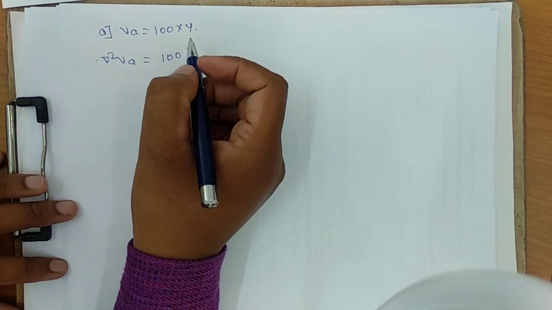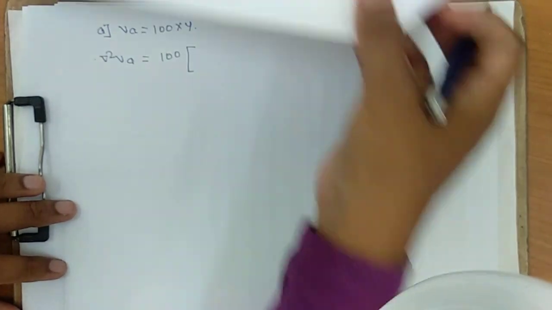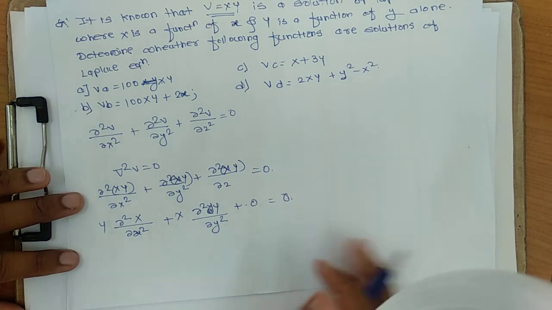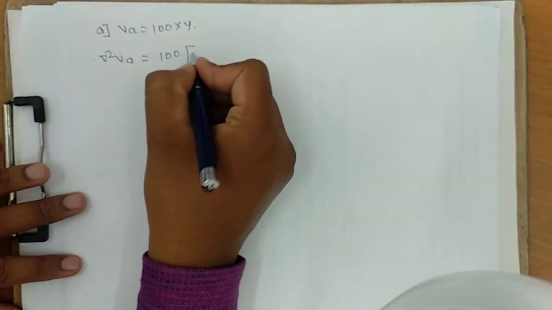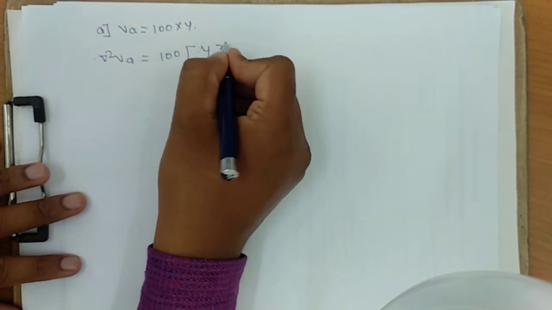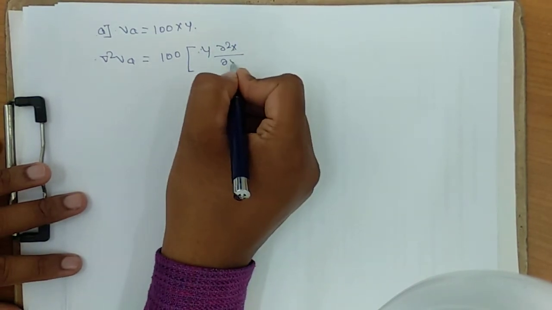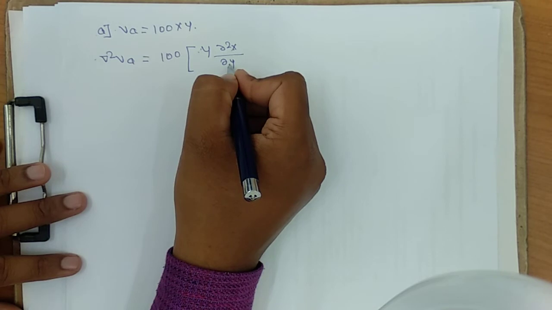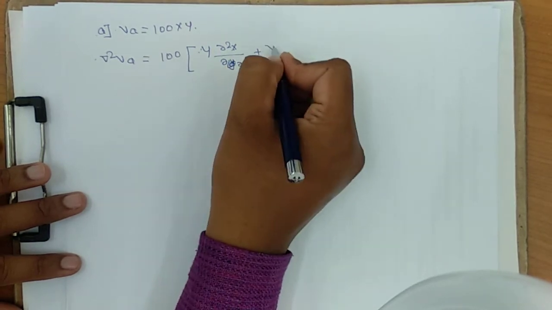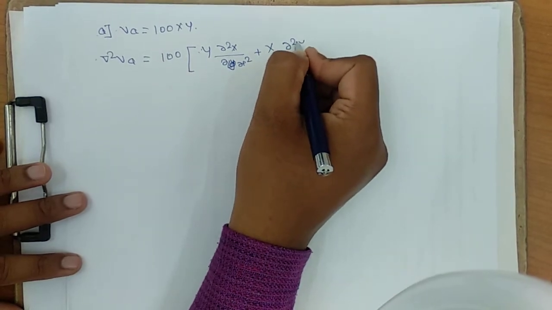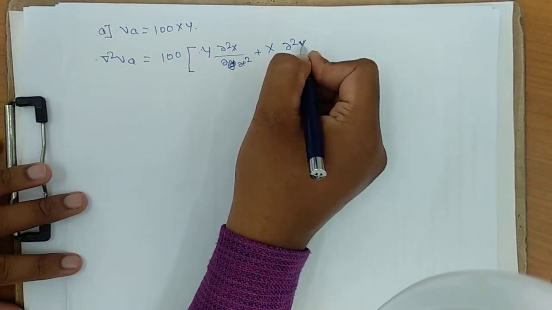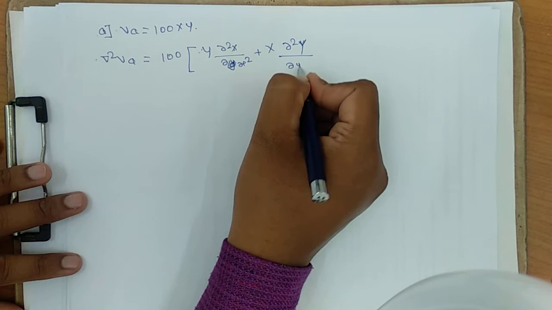So del square V is equal to, we put these values, Y ∂²X/∂x² plus X ∂²Y/∂y².